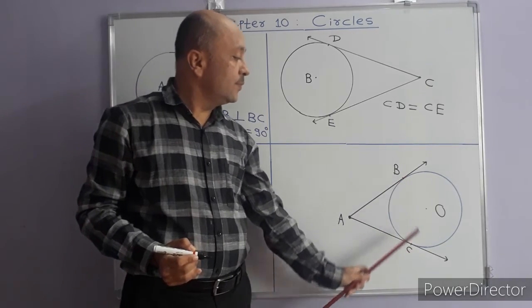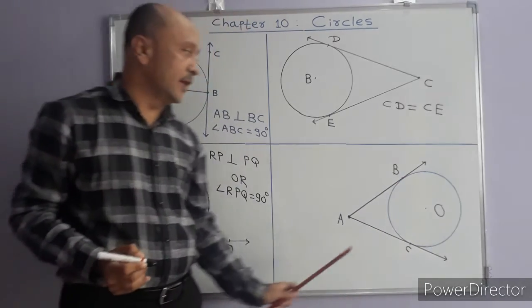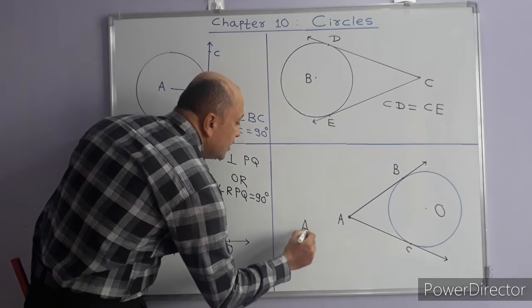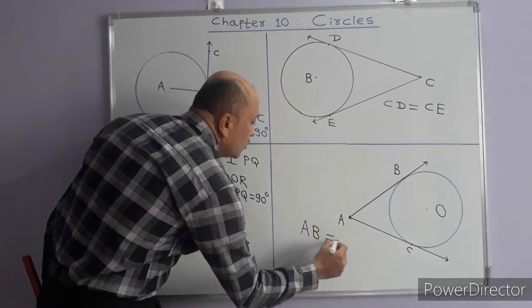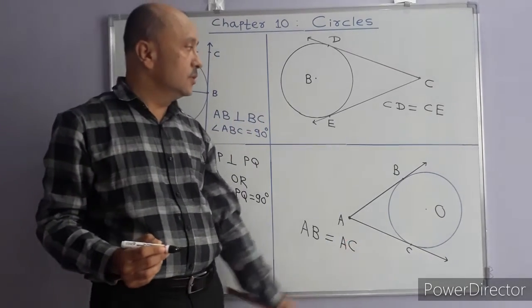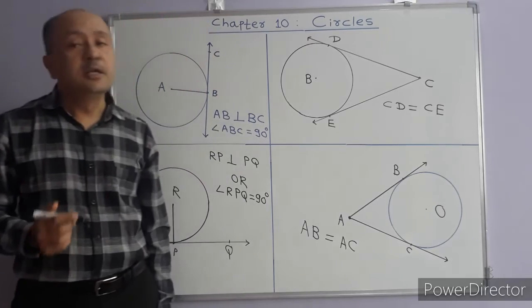Point B and point C are called points of contact. Then what statement can we write here? That is AB is equal to AC. So their lengths are equal. Okay, so this is all about the theorems from the lesson circles.